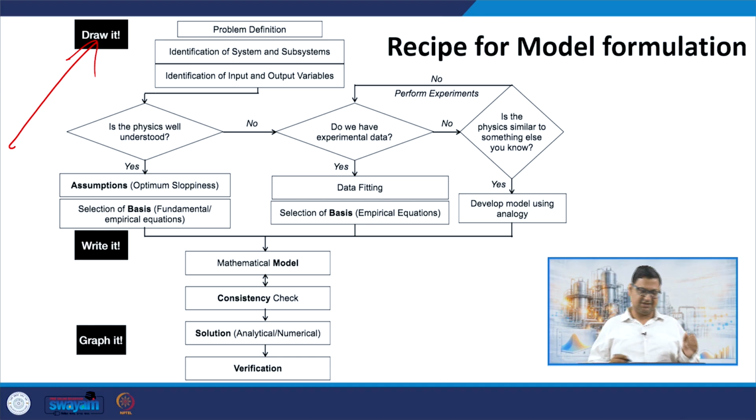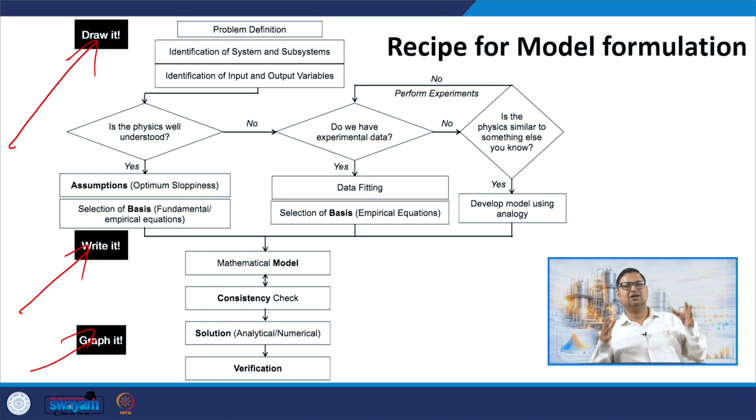The next step is, once we have that drawing, based on our understanding of the model, our knowledge of the physics, let's write the model. And finally, once we have solved that model, let us try to graph it and look at the solution, look at the behavior. Is it good enough? Does it make sense?